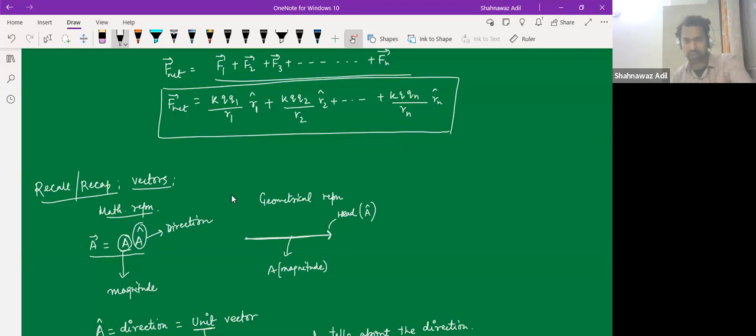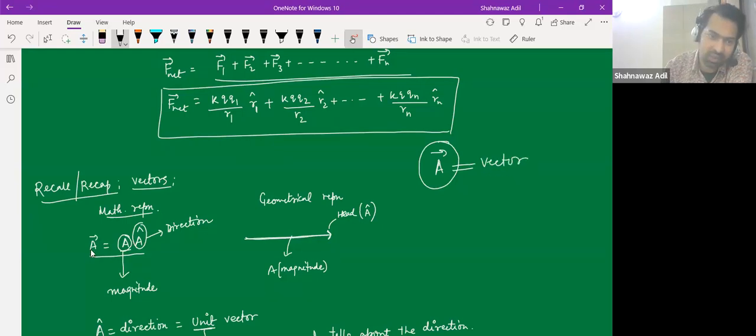Sir, what does the A with the arrow represent? I know it's a vector, but what does it represent, sir? So this represents the vector, right? This is the vector notation. In the mathematical way, we represent the vector in this notation.